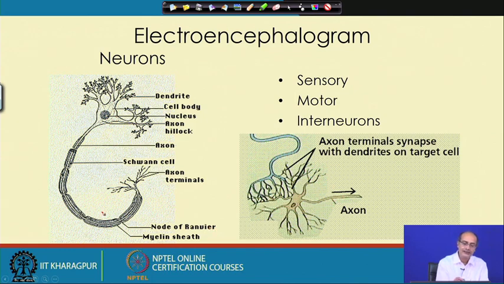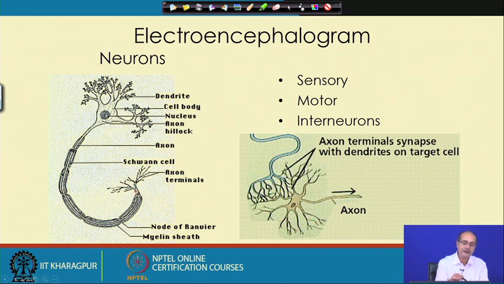So, when the signal passes, the next electrical connection can happen at the next node of Ranvier from the cell body. So, electrical signals jump from one point to the other, and that is how the signal can pass at much higher speed in the neuron.